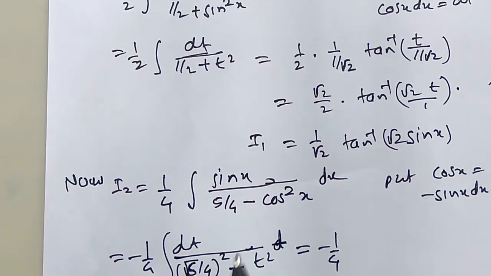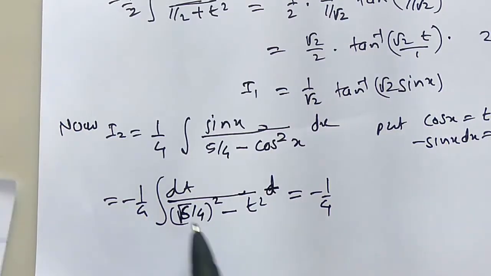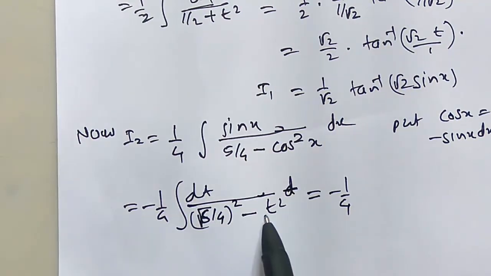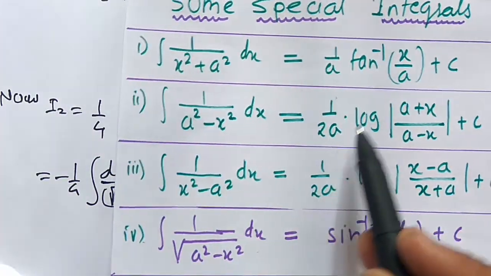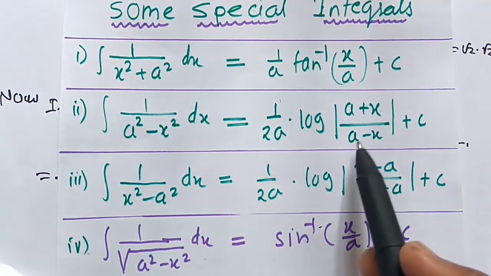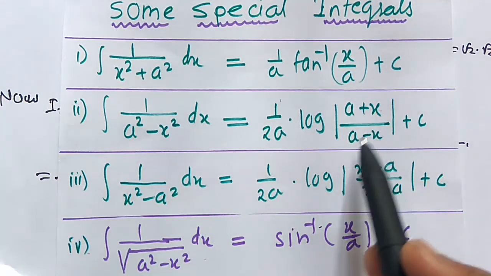The formula for this: integration of 1 upon a square minus x square is 1 upon twice a log of a plus x upon a minus x plus c.